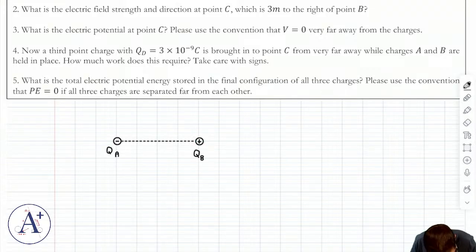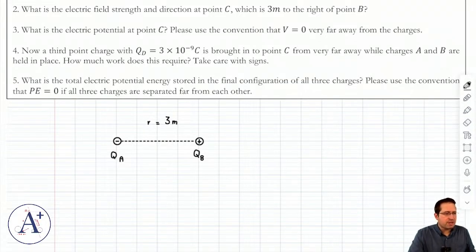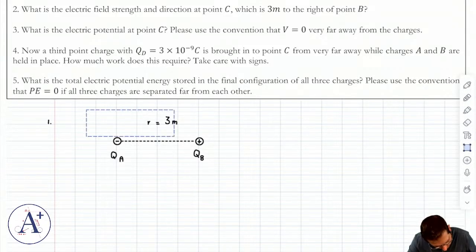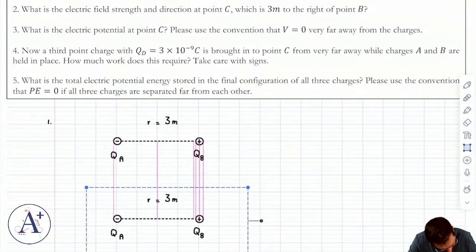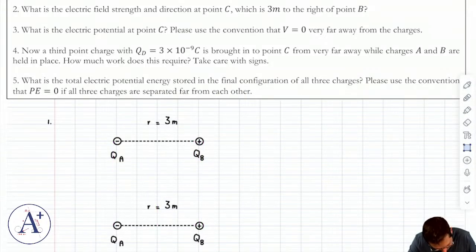This is going to be QA. The distance in between the two is R equal to 3 meters. And we know QA and QB. We want the magnitude and direction of the force on the charge B due to A. That should be hopefully pretty straightforward. Before we do that, I'll make a copy of this for later.